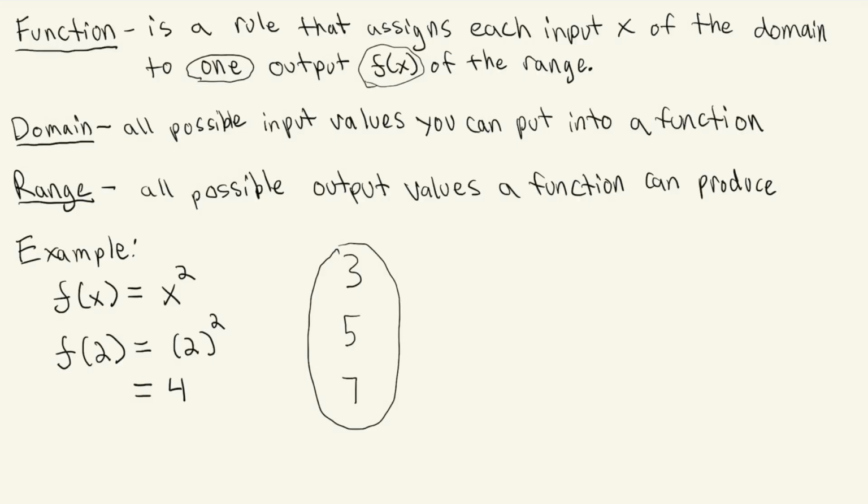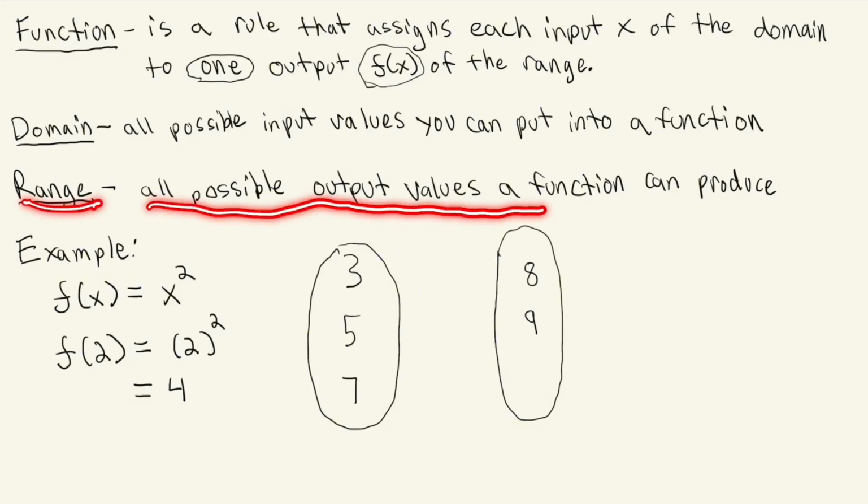And then let's say the output values you can get are, let's say maybe 8 and 9. And let's say these are all the possible output values of the function. So that is the range, all possible output values a function can produce.